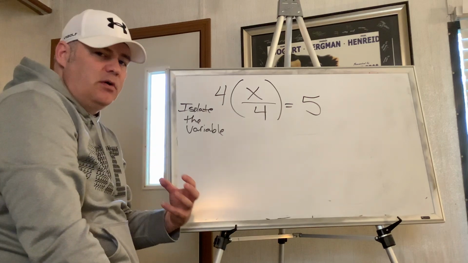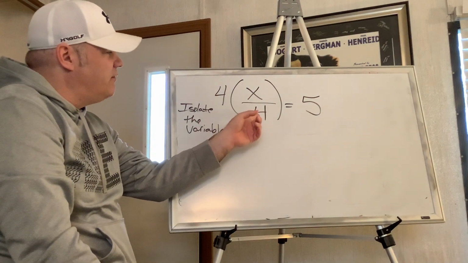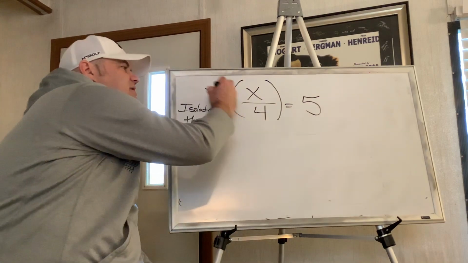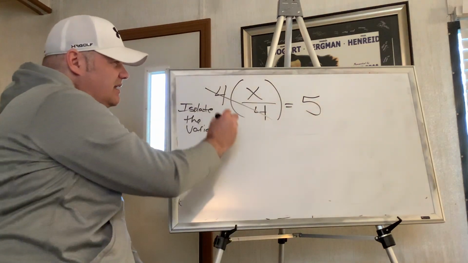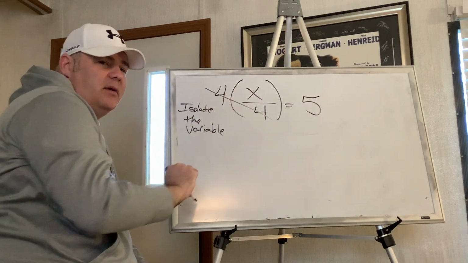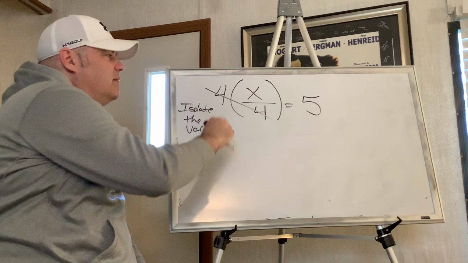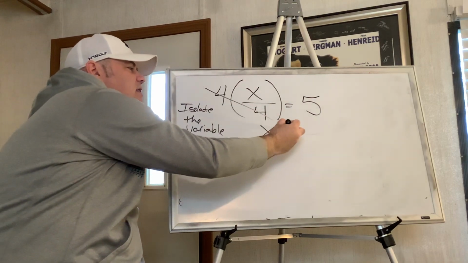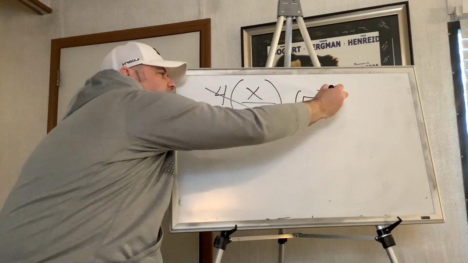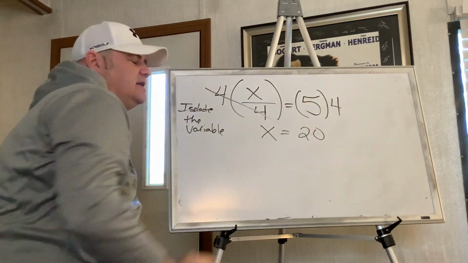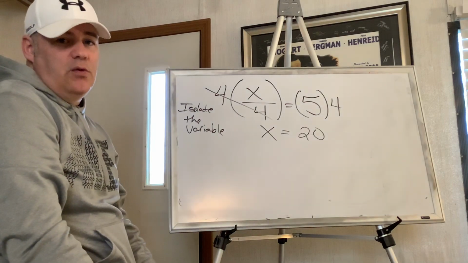To me, that's a simpler way to remember it. Instead of dividing by 4, we're going to multiply by 4. These cancel out because it's really technically 4 over 1, which gives me 4x over 4. Remember, I said that's all confusing? But if you just remember that it cancels out, then remember we have to multiply this side by 4. Whatever we do to this side, we have to do to this side. That's what gives us our 20.